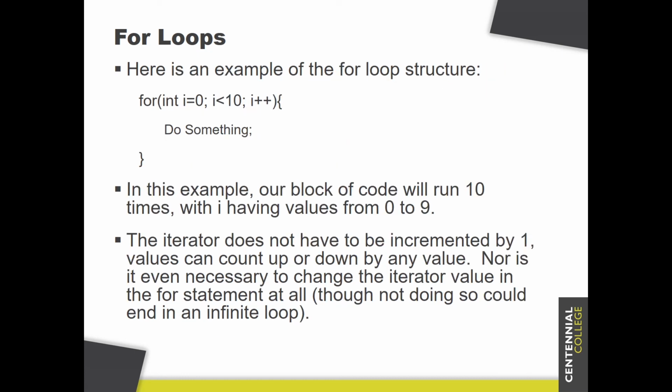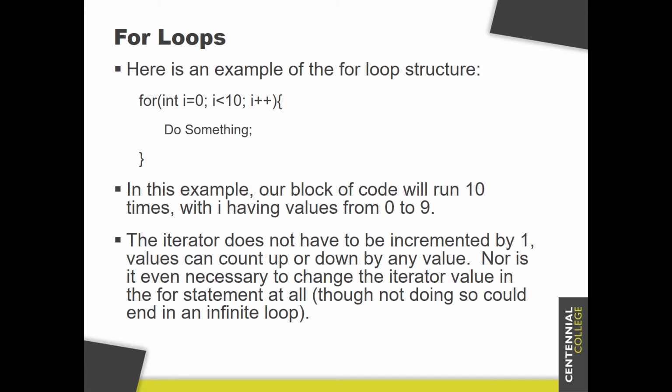Here's an example of our for loop, and this is the way we're going to use them. For, open parenthesis, int i equals 0, semicolon, i is less than 10, semicolon, i plus plus, close parenthesis, and our braces, then do something.